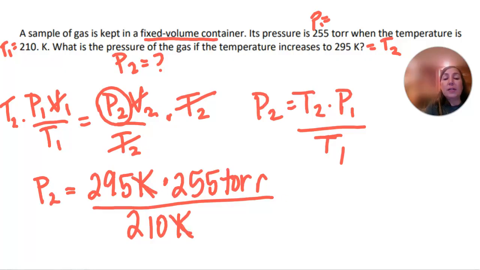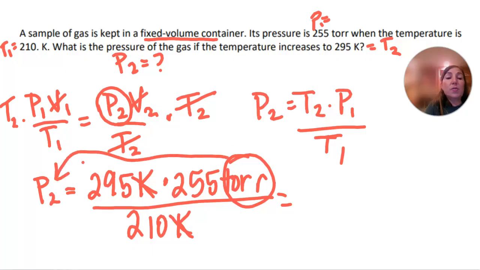Now, Kelvin is going to cancel. Torr is a unit of pressure, so looks like we've done things correctly so far. In our calculators, 255 times 295 divided by 210 should give us 358 torr.